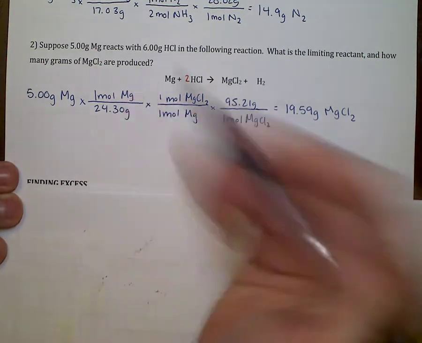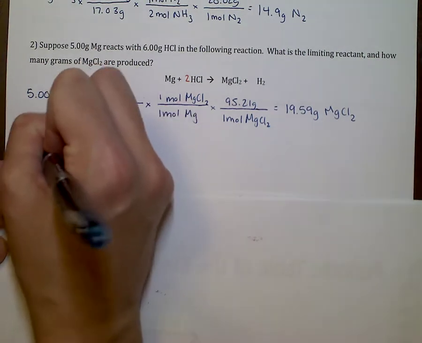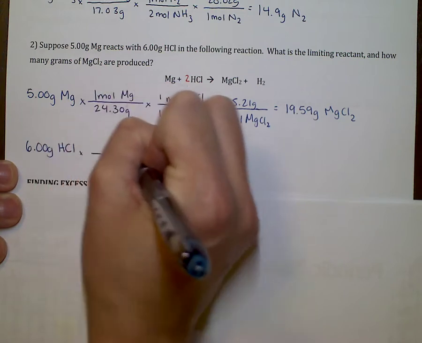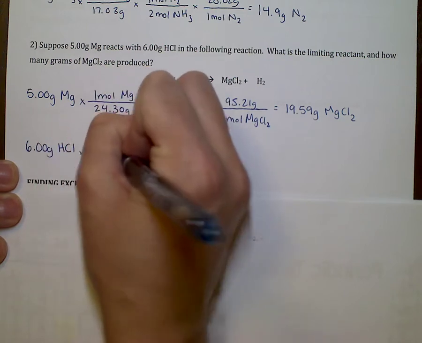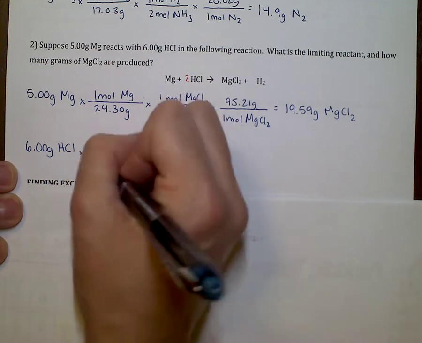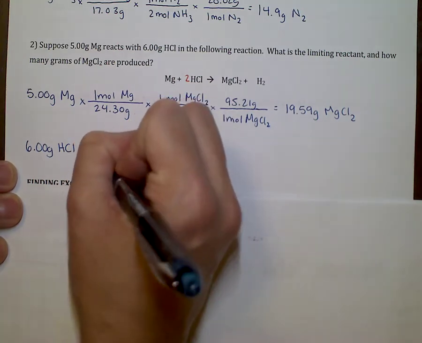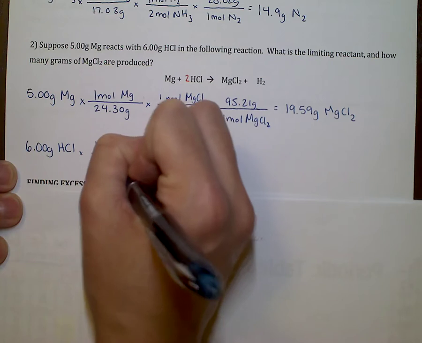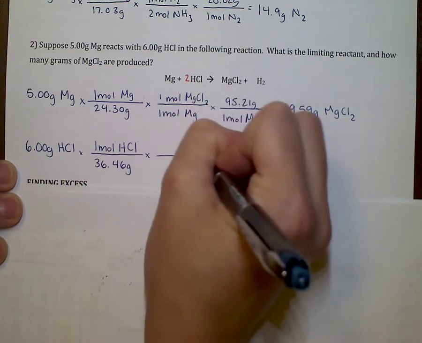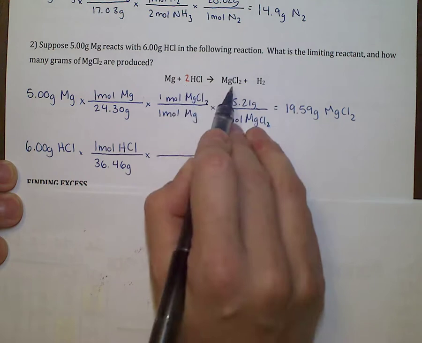So again, the HCl is 6 grams. Again, we have to turn it into moles first, so we divide by molar mass. The ratio here is 2-to-1, so there are 2 HCl for every 1 MgCl2.